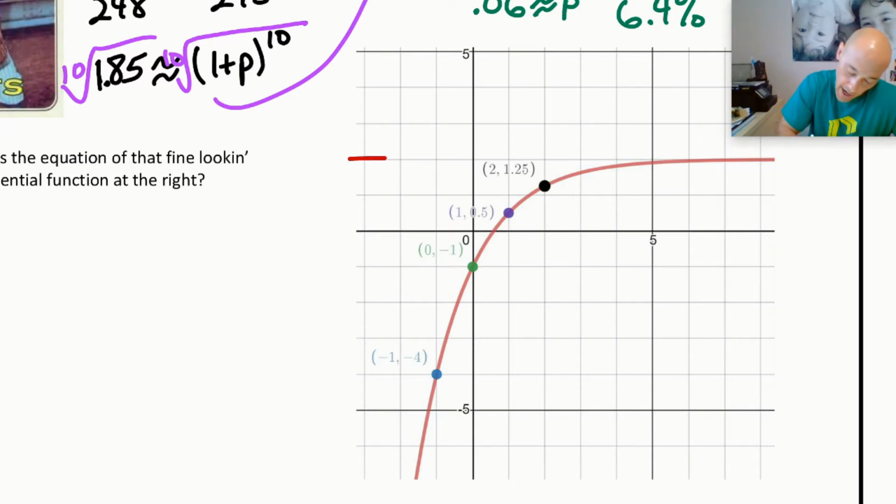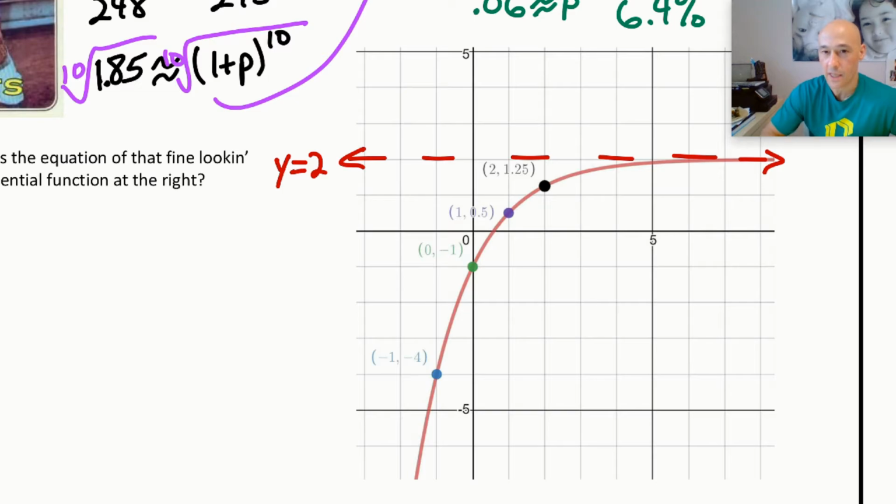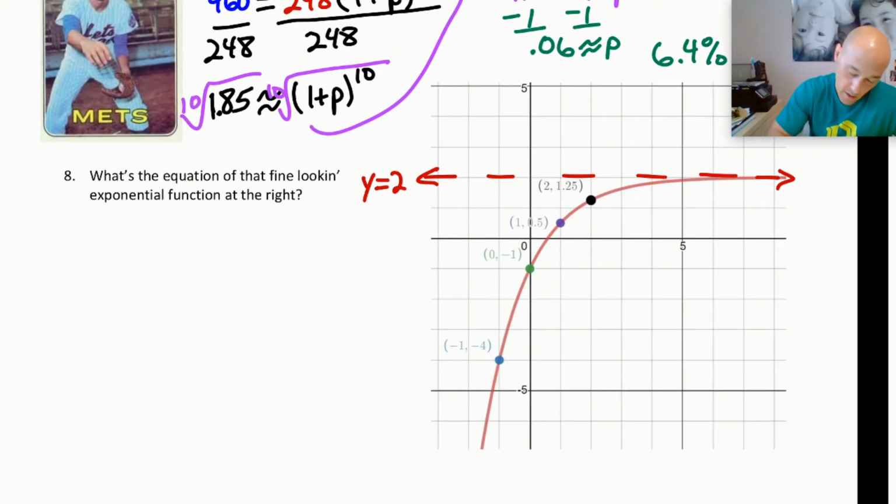So I'm going to put in my asymptote here at y equals 2. That tells me my k value, and that's going to be the easiest place to start. So y is equal to a times b to the x, and then we can say plus 2.